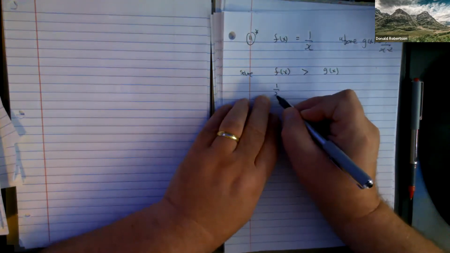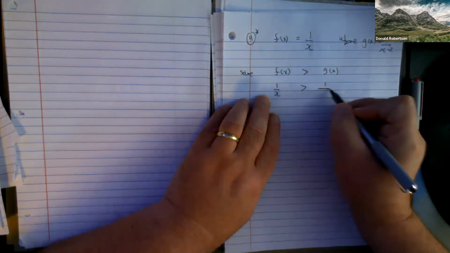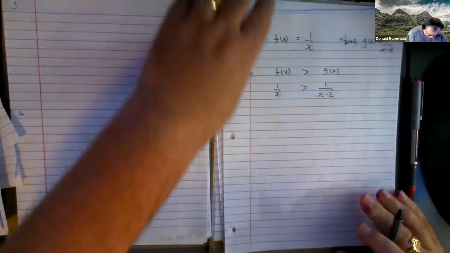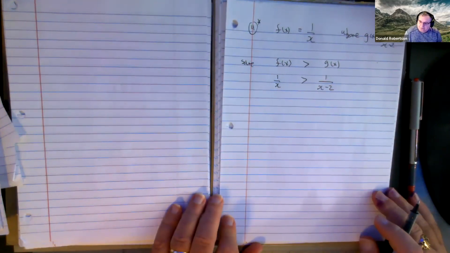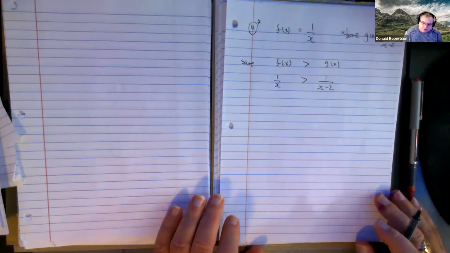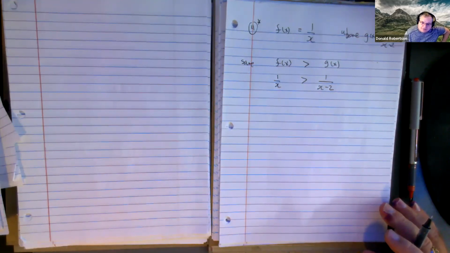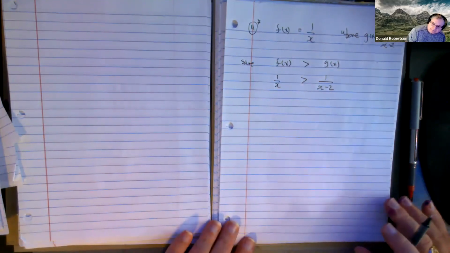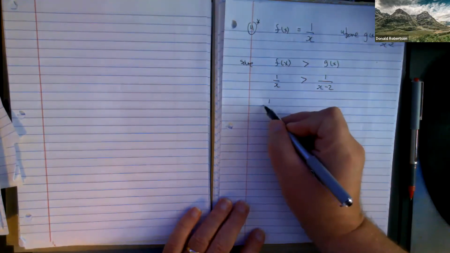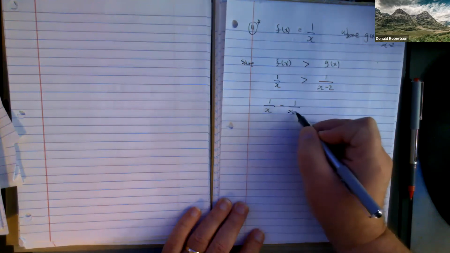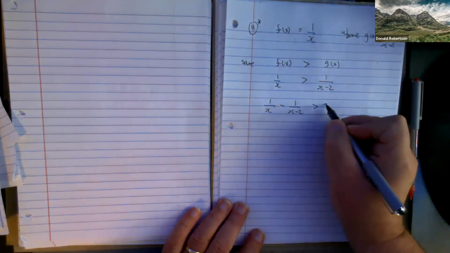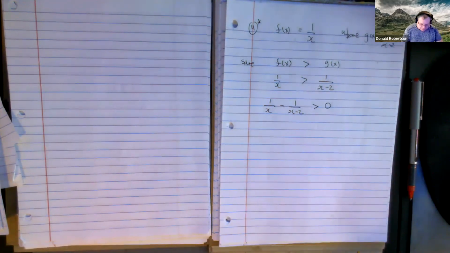This guy is 1 over x, and this guy is 1 over x minus 2. Are we good? Now, it's not really written in any format that is useful. So what I'm going to do is 1 over x, take away 1 over x minus 2, greater than 0.